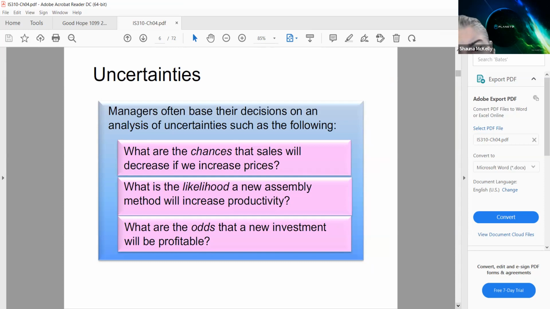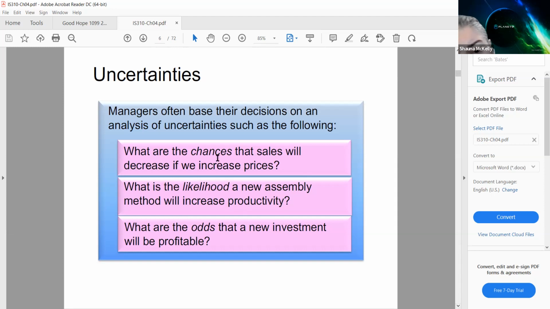So managers often base their decisions on an analysis of uncertainty. What is the probability that sales will decrease if we increase prices, right? What is the likelihood? How assured are we that the method will increase productivity? What are the odds that a new investment will be profitable?